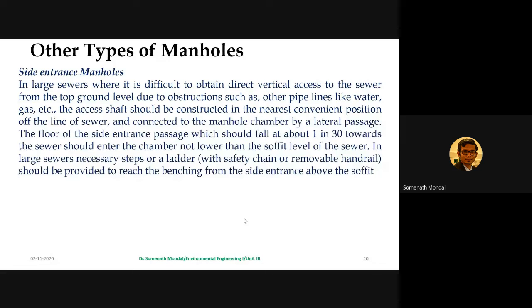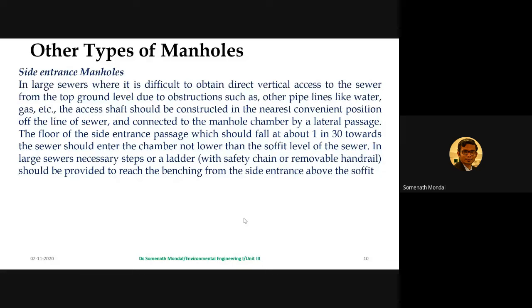In this case, the entry towards the manhole is not directly from the top because of some interruption. We are unable to do that, so we'll have to create a lateral passage up to that same level, and then there will be a side entrance towards the manhole.